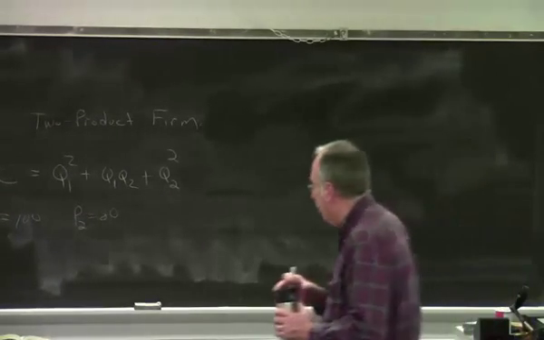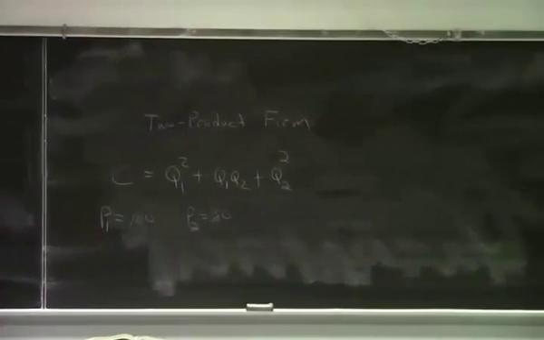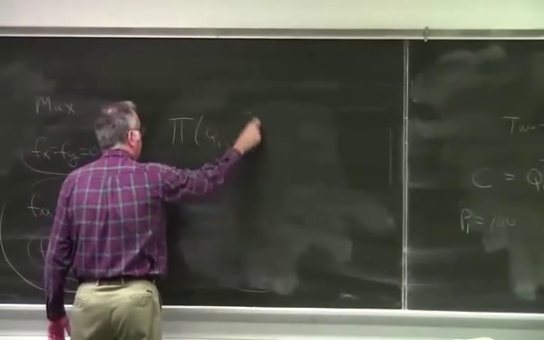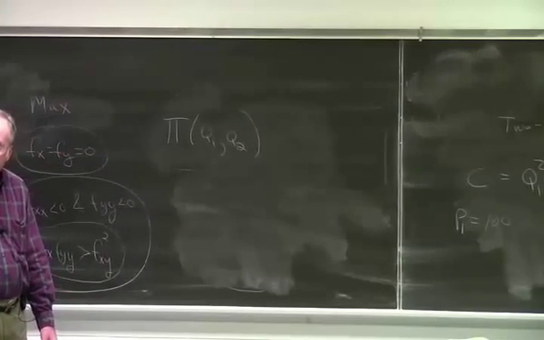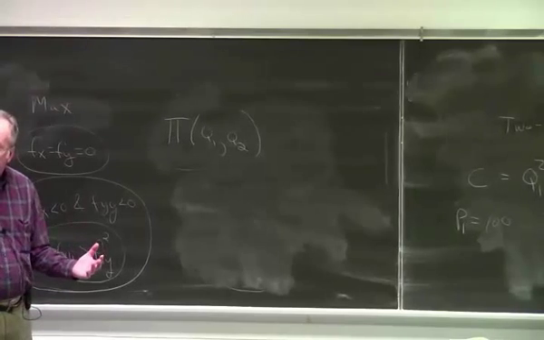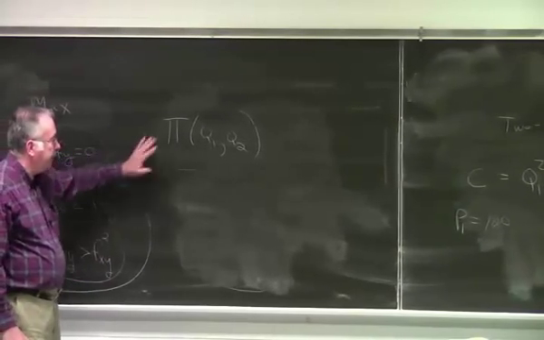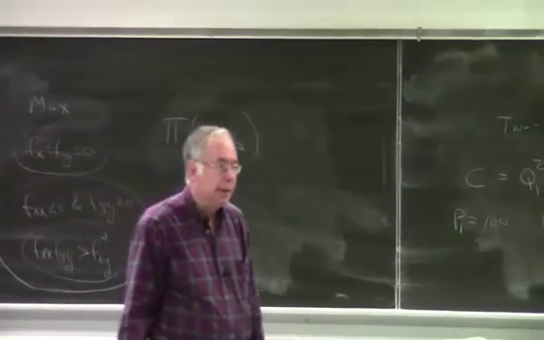You need to figure out what this profit function looks like. Obviously, the two choice variables are going to be Q1 and Q2. Profit's going to depend on how much of these two outputs you produce. So let pi denote profit. What is our profit function going to be in this case?